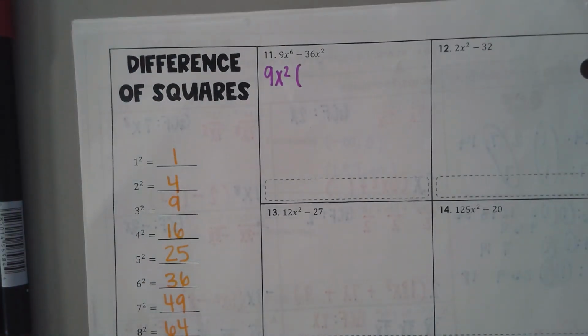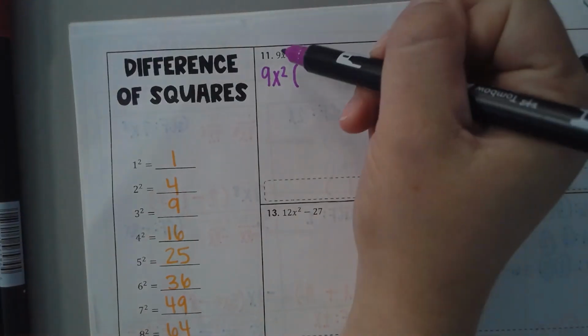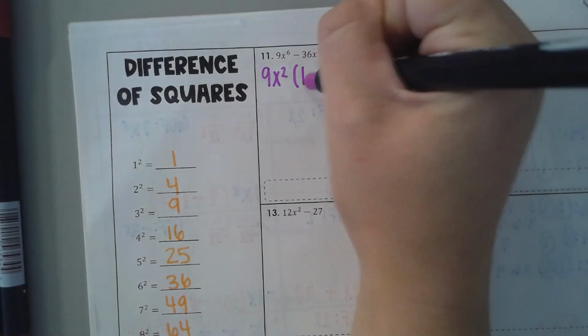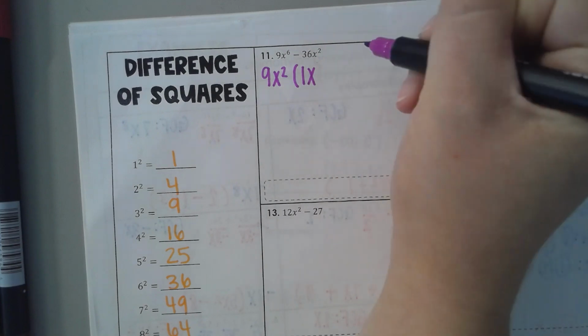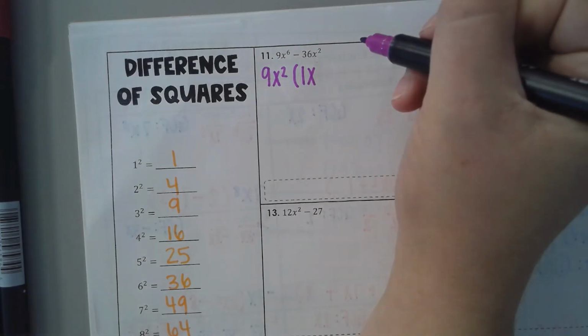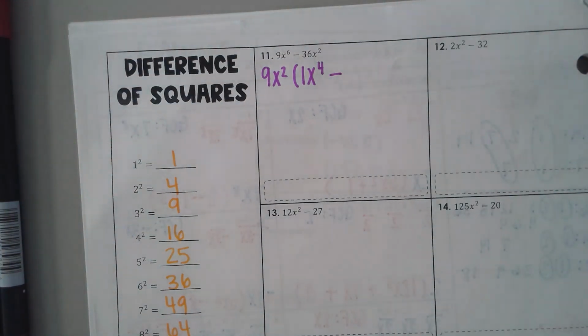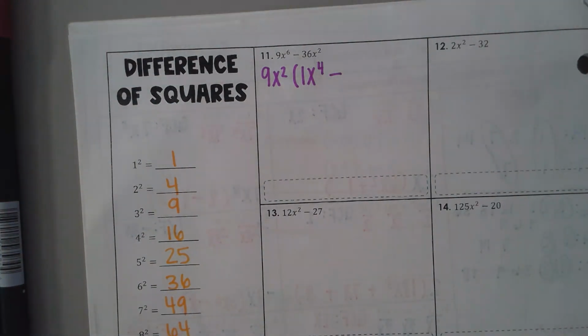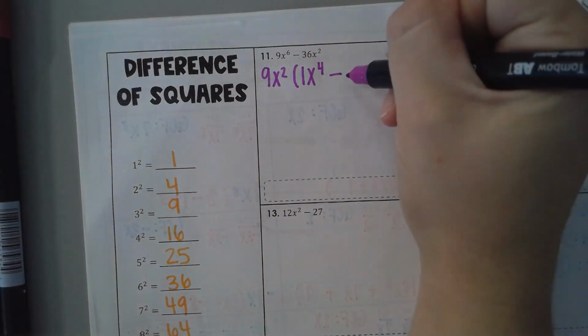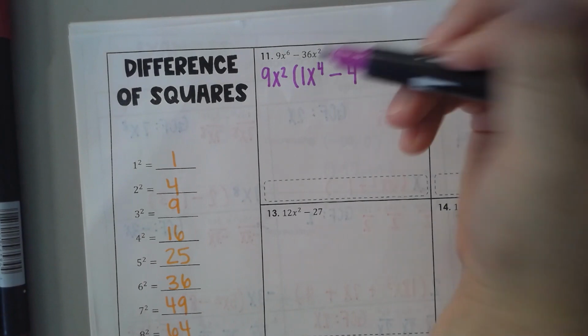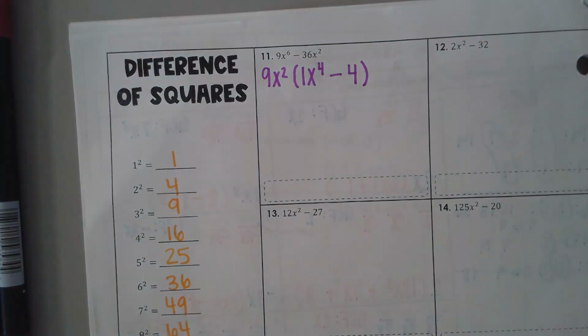So I can divide by 9 and an x squared. So if I divide out the 9, I'm left with 1 x to the what? 4th, good. Minus, what's 36 divided by 9? 4. And I took an x squared out, so I don't have any left. Good.